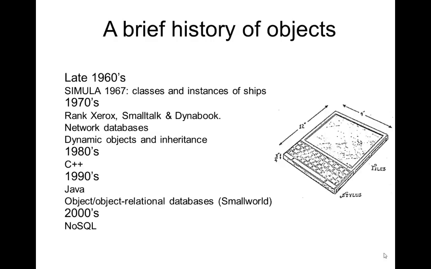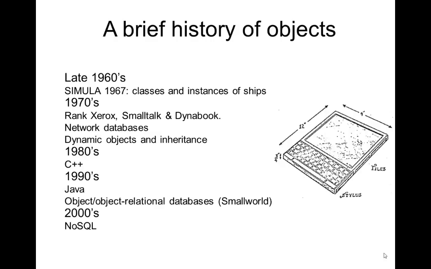My first ever GIS job was using Small World, mapping water mains in Edinburgh, I hasten to say, many jobs before that. So these became commercial products being used by large corporations in the mid to late 90s. Just while I'm here, what do I mean by object or object relational databases?